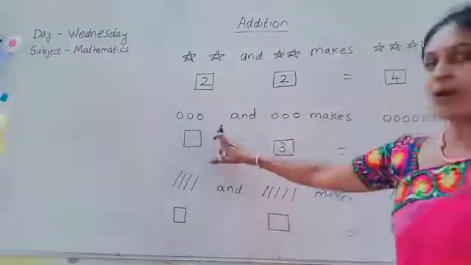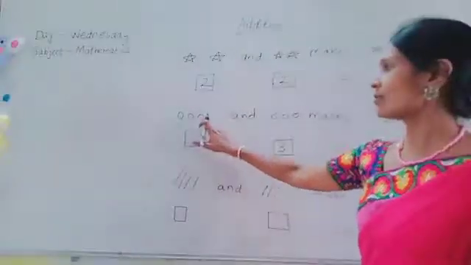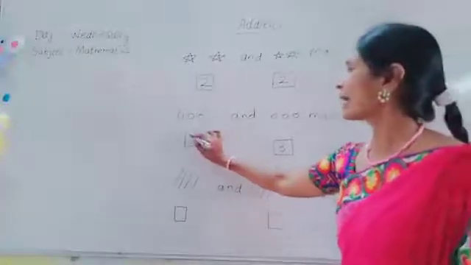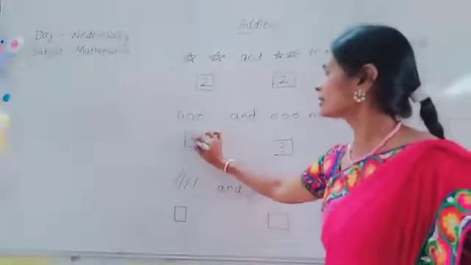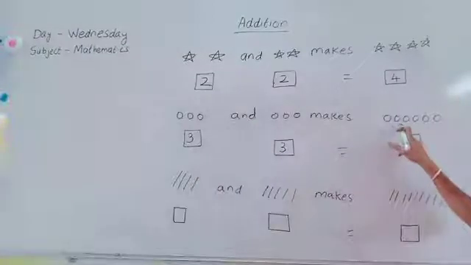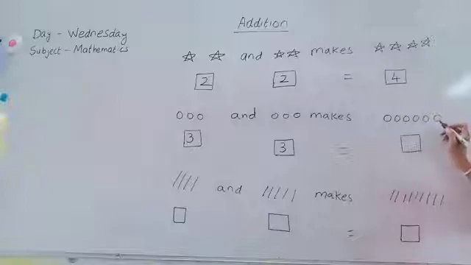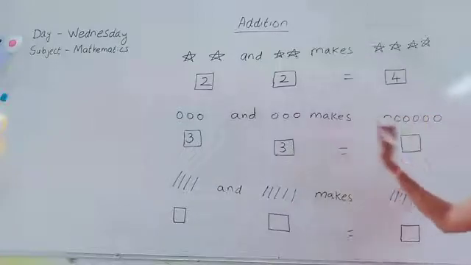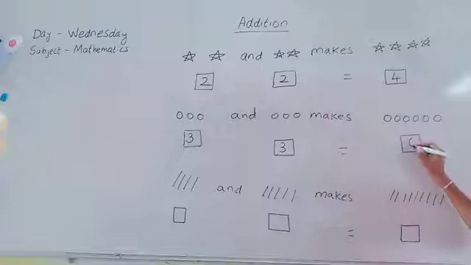Now count these circles also. 1, 2, 3. So we will write 3 here in the box. 3 and 3 makes. Now count these circles. 1, 2, 3, 4, 5 and 6. 3 and 3 makes 6.